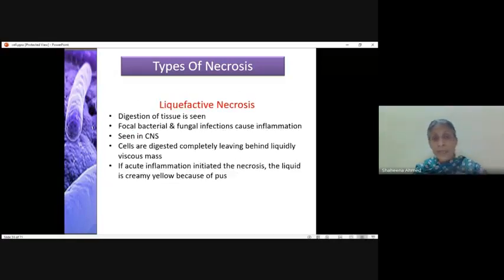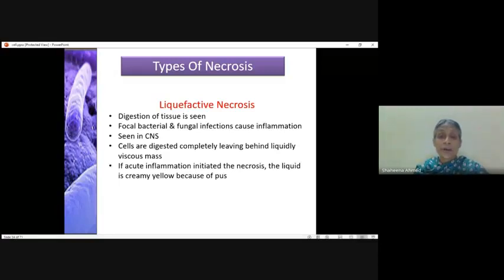Now the next is liquefactive necrosis. Liquefactive necrosis is basically seen in the brain, and in this the normal architecture is not preserved. The tissue forms a viscous, thick fluid-like material, and this type of necrosis is specifically seen in the brain.